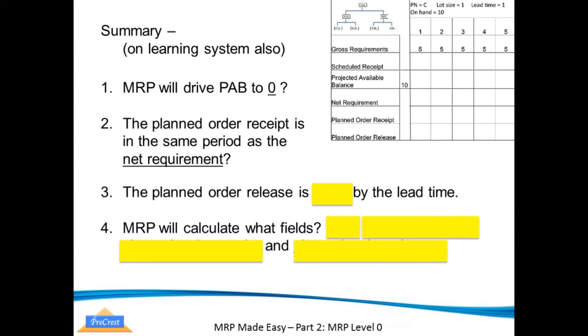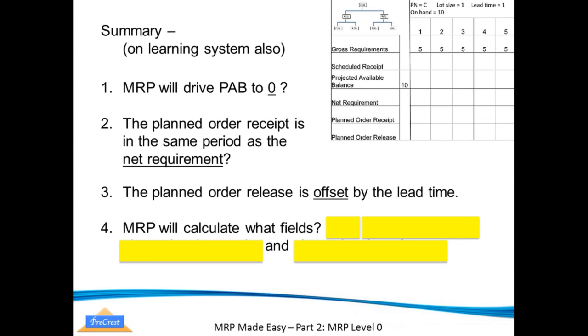The planned order release is, so we take our receipt and we offset it by the lead time. So the planned order release is created because we offset the planned order receipt by the lead time. And again, MRP does this.